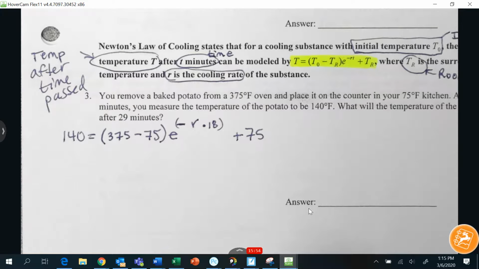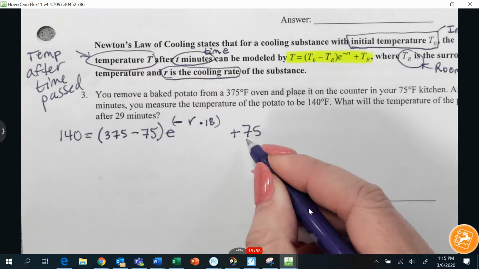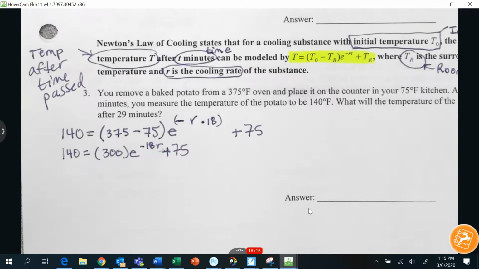You guys want to definitely use your calculator. Right now, all I'm doing is I just simplified 375 minus 75.